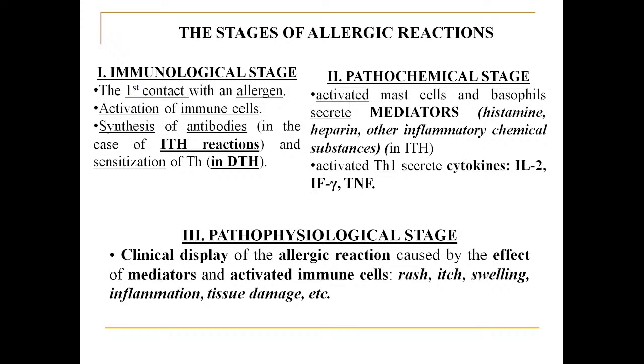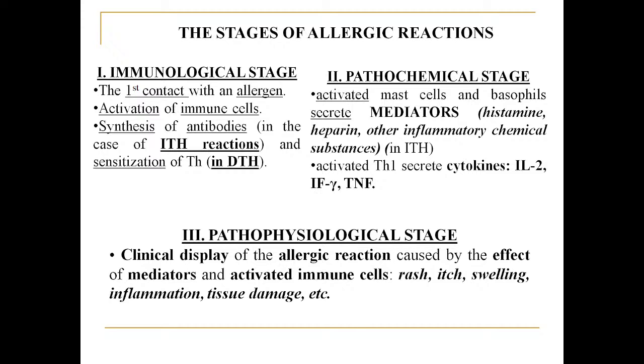This stage develops after the first contact of the organism with an allergen. When the organism of the person contacts an allergen for the first time, in childhood, for example, or in adulthood, the first contact with allergen causes activation of immune cells, basophils or mast cells or T helpers, and activation of immune cells leads to synthesis of antibodies.